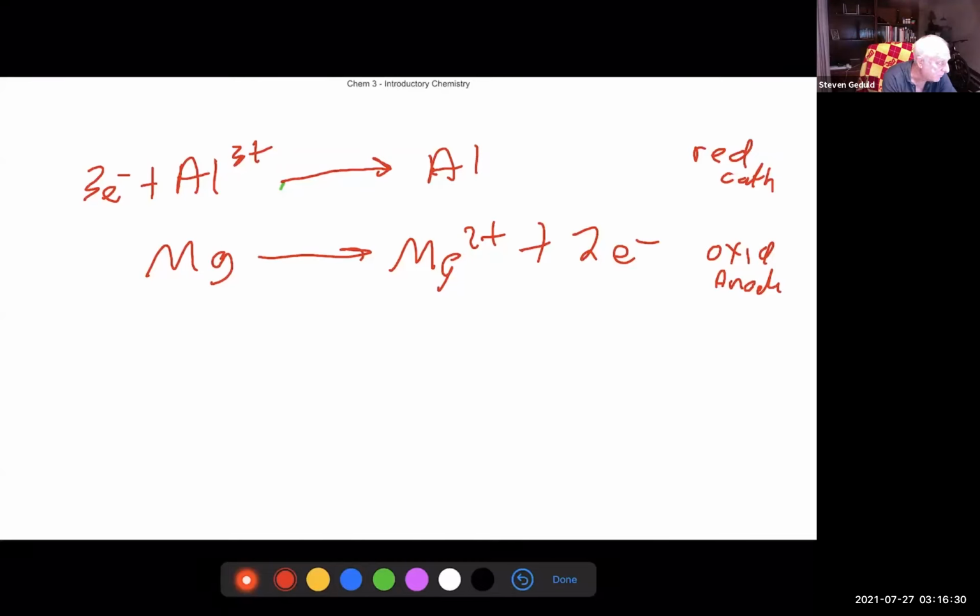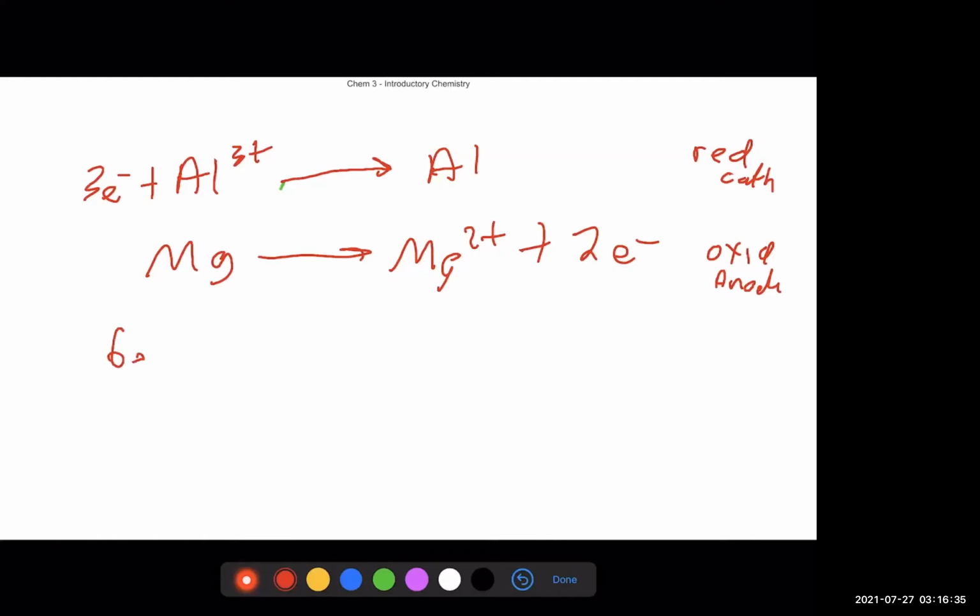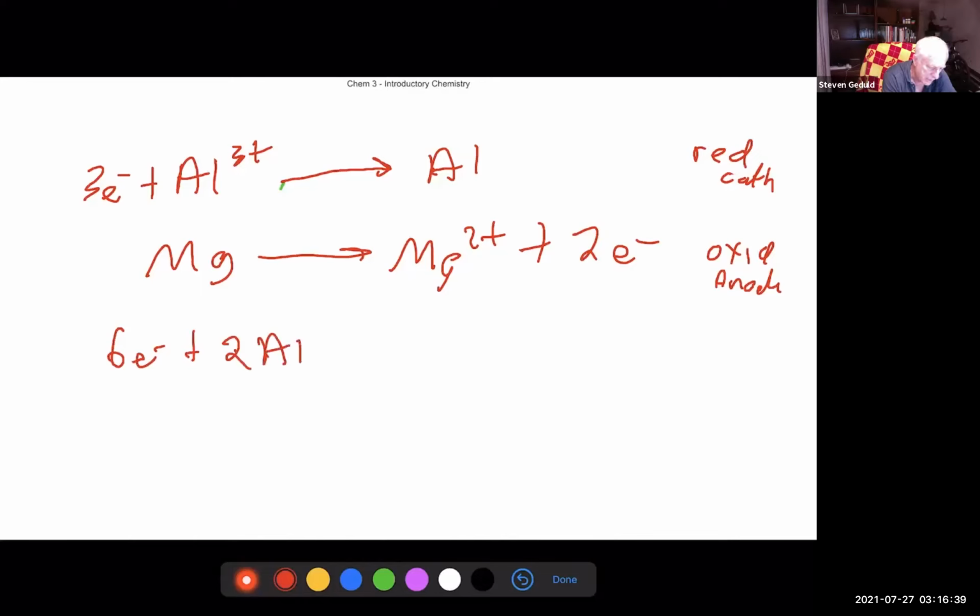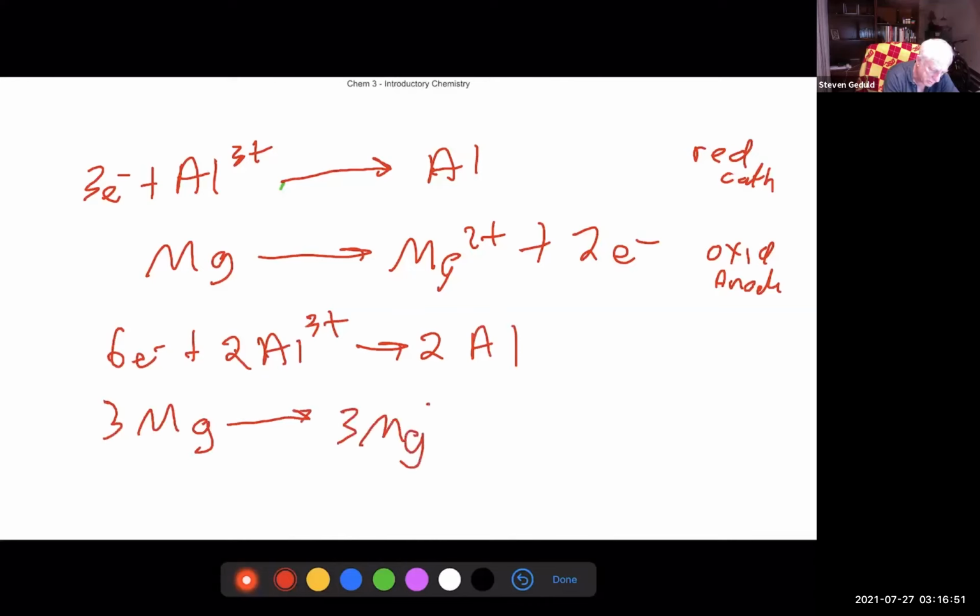So the cathode reaction would be 6 electrons plus 2 Al3+ goes to 2 aluminum. And the bottom we multiplied by 3. So 3 magnesiums goes to 3 Mg2+ plus 6 electrons.